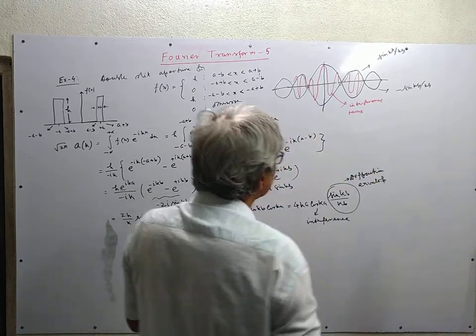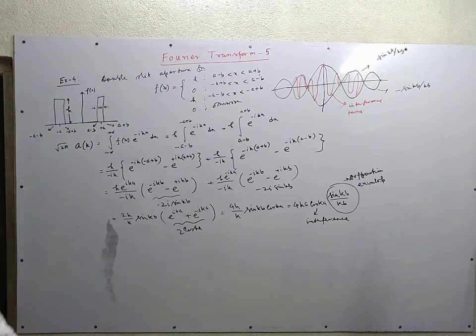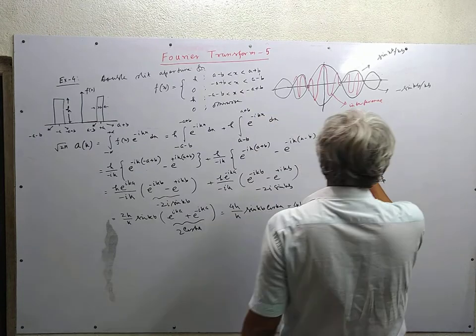And if we take the complex conjugate or square of it, we get the double slit intensity pattern, which looks like this.